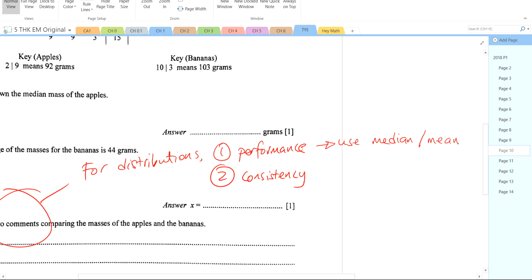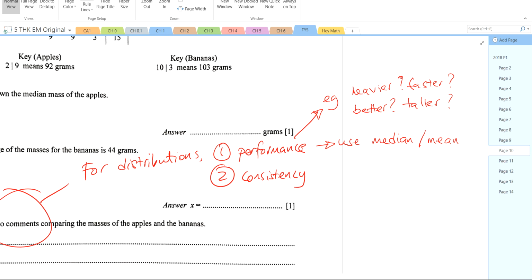Performance will be things like, for example, heavier, faster, better, taller. All these are performance types. So we use the mean or the median.